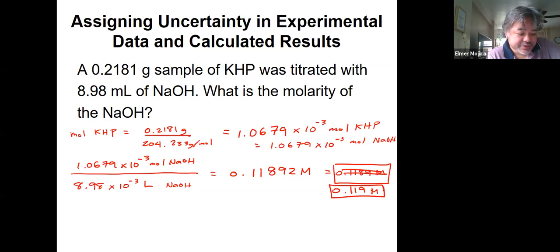Now, for the NaOH, we have 3 significant figures. So that is the limiting value that we have here. So try to monitor that and see if it's the right one, because that's the simplest one.